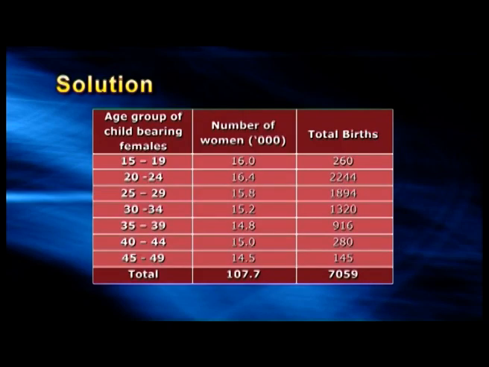Let us look at the solution. Let us calculate the general fertility rate first, for which we will take the table and total the columns. The second column showing the number of women in each subgroup, and the total of this column comes to 1,07,700. The third column shows the number of births in each subgroup with a total of 7,059.